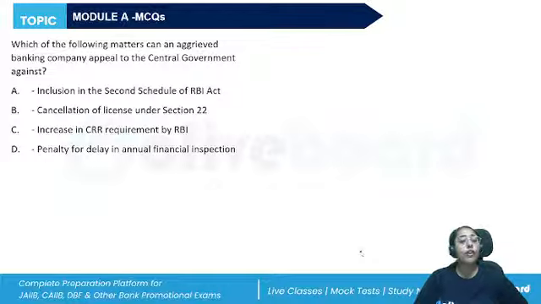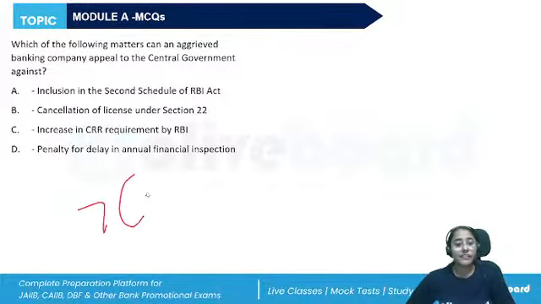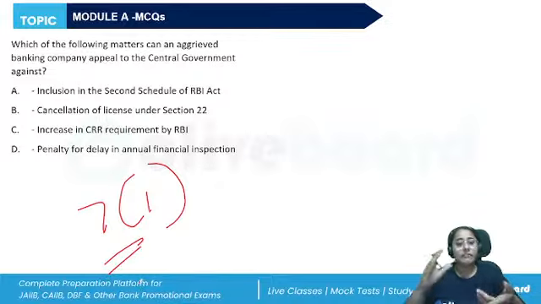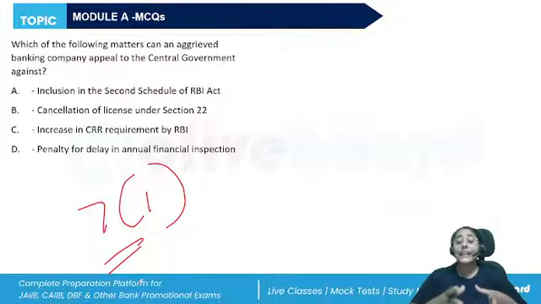Now, which of the following matters can an aggrieved banking company appeal to the central government against? Central government has also been given certain powers. The government as the regulator of banks, if you remember, this was under Section 7 subsection 1. The powers that were given where government can give instructions or directions to RBI regarding certain cases, but only in exceptional situations.